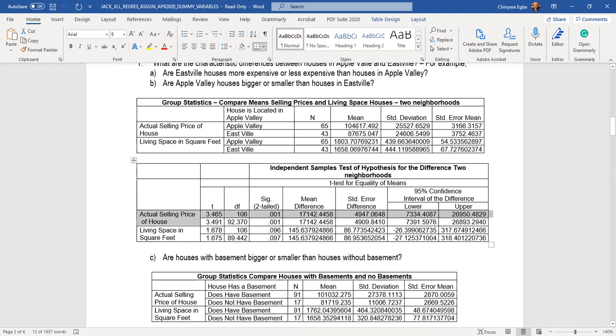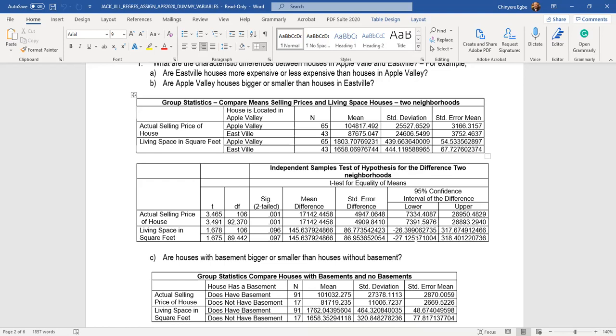Apple Valley houses are 104,000, and Eastville houses are 87,000. So given this difference and your rejection of the hypothesis, the Apple Valley houses are more expensive.